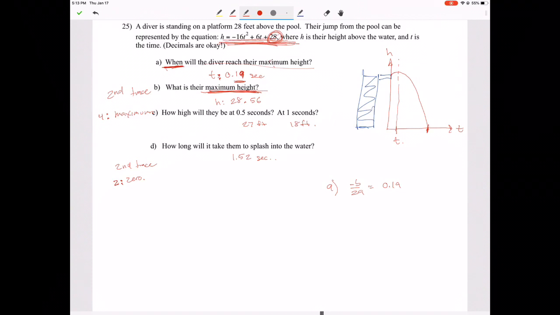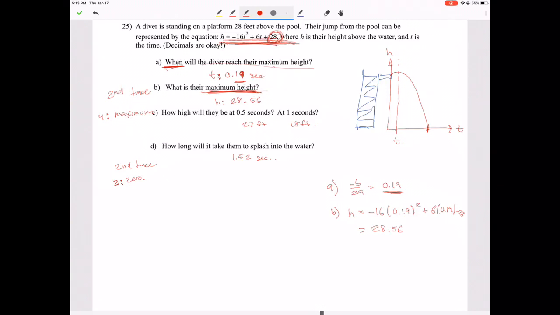Okay, and then the maximum height, you would take this answer and you'd plug it into your equation for height. Okay, and you would get 28.56 after you round.